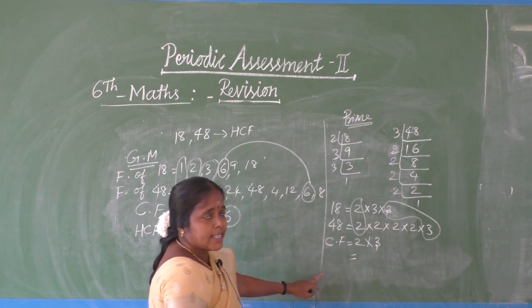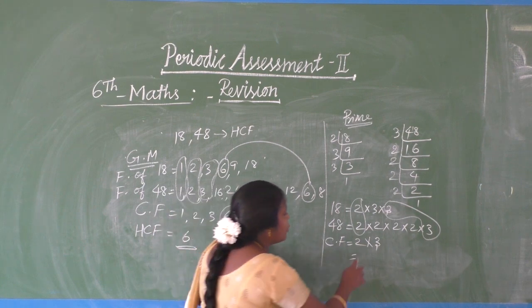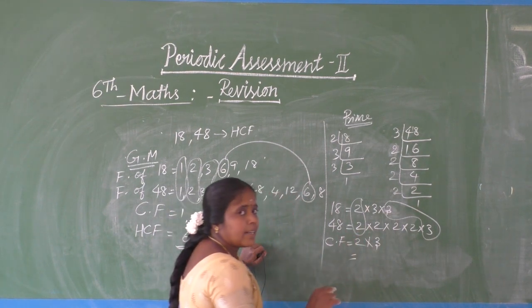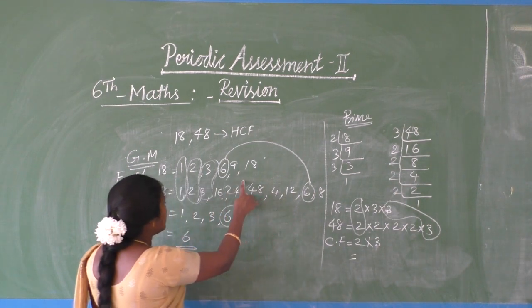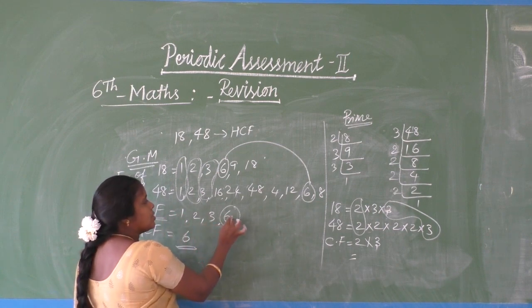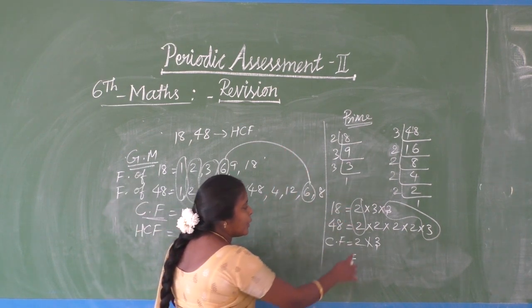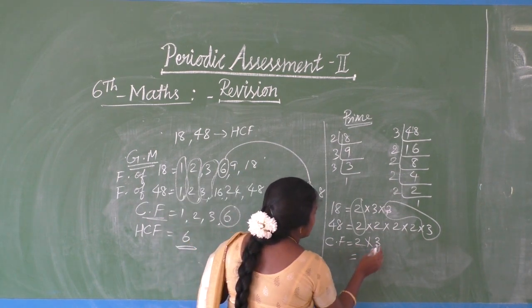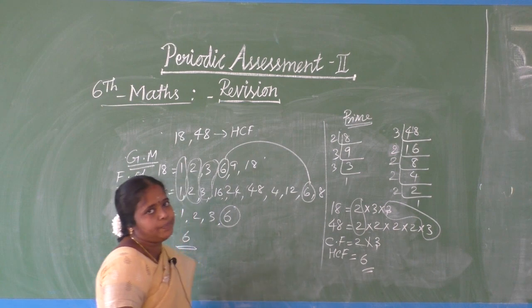Prime factorization wise, to find HCF, you have to multiply their common factors. The product of the common factors is the HCF. In general, in the common factor category, you pick the highest number, but in prime factorization, you multiply the common factors. So 2 3s are 6. 6 is the HCF. Understood, children?